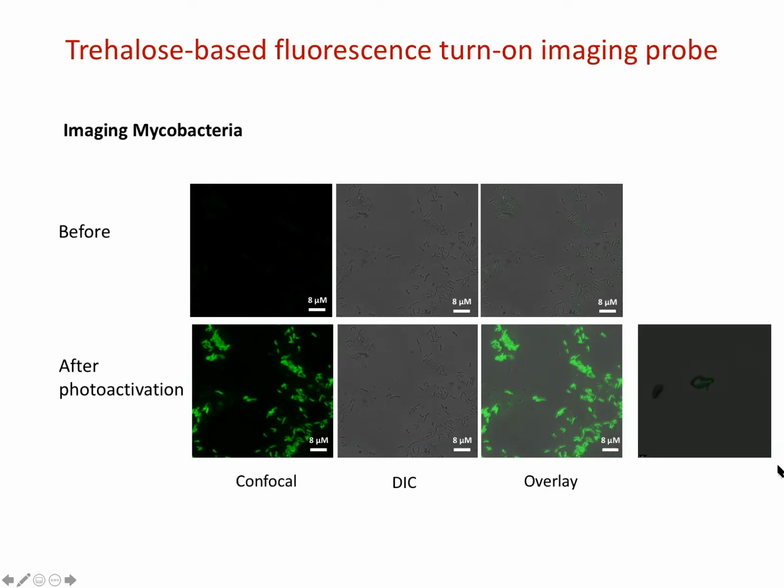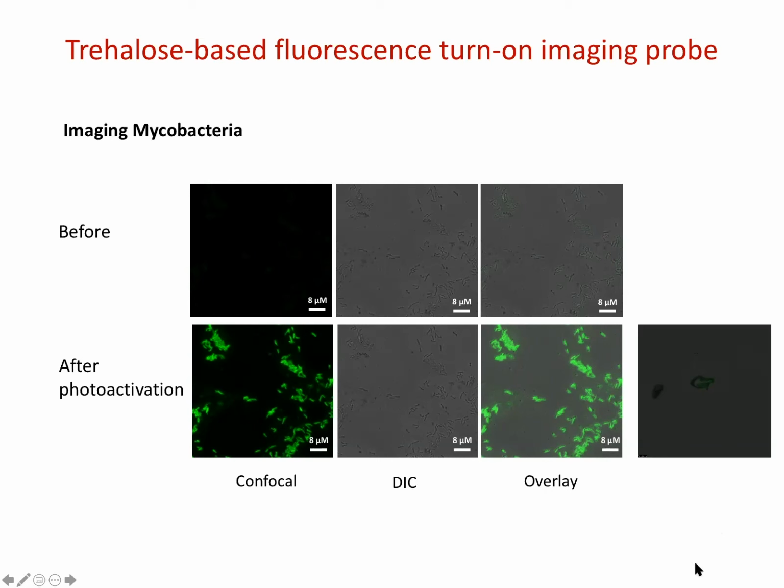This image on the right here is the image when we treat the mycobacteria with the product. In other words, we activate the trehalose probe first. So it already does the CH insertion, so the probe is already activated. Then we use that to treat the mycobacteria. You see the fluorescence is much weaker.